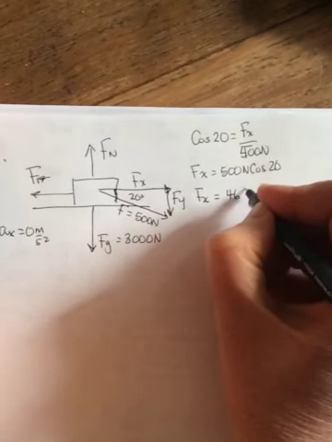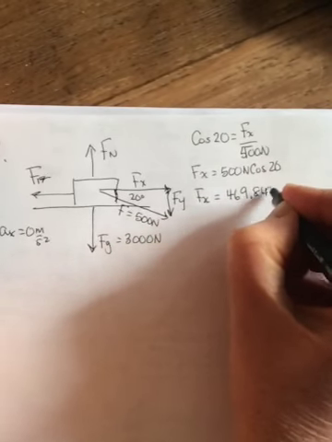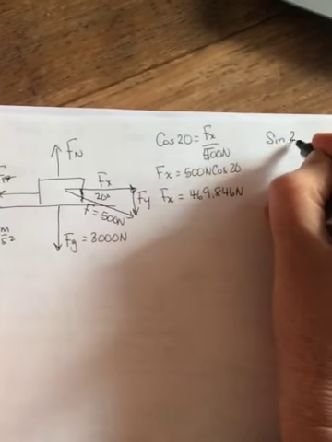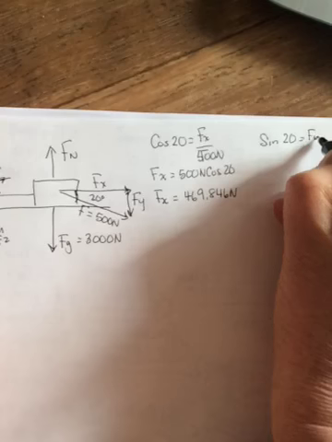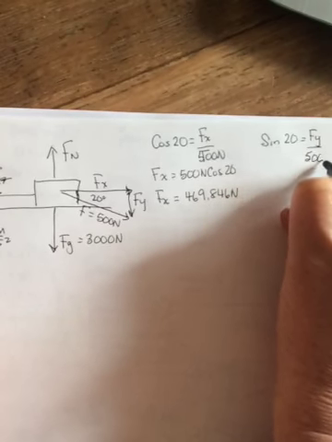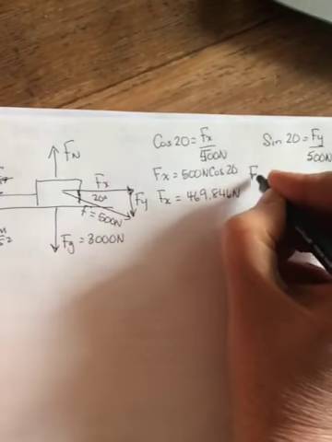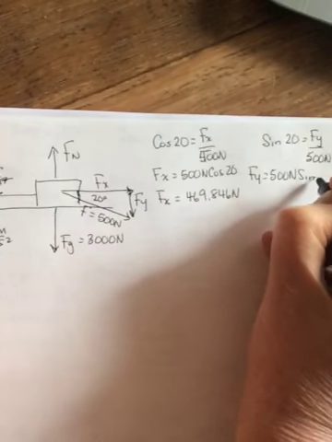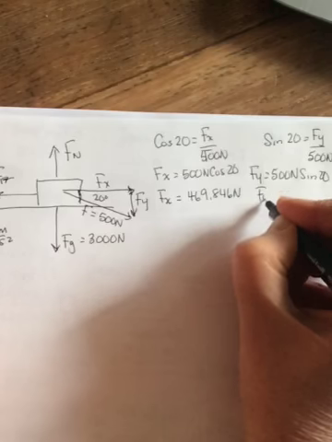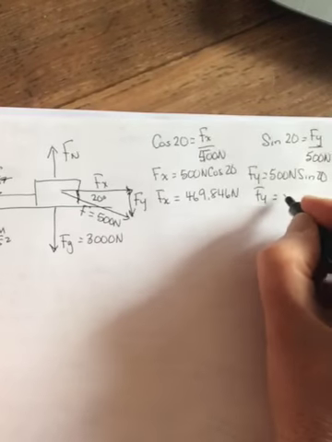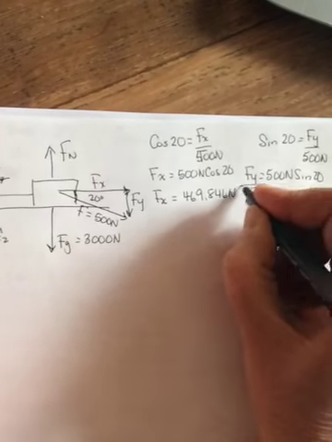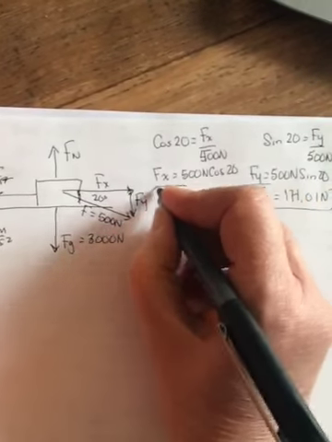So 469.846 newtons. And then do sine to get your y. So sine of 20 is equal to Fy over 500 newtons. Fy is equal to 500 newtons sine of 20. And you will get an Fy of 171.01 newtons, okay? So you have your Y, you have your X.